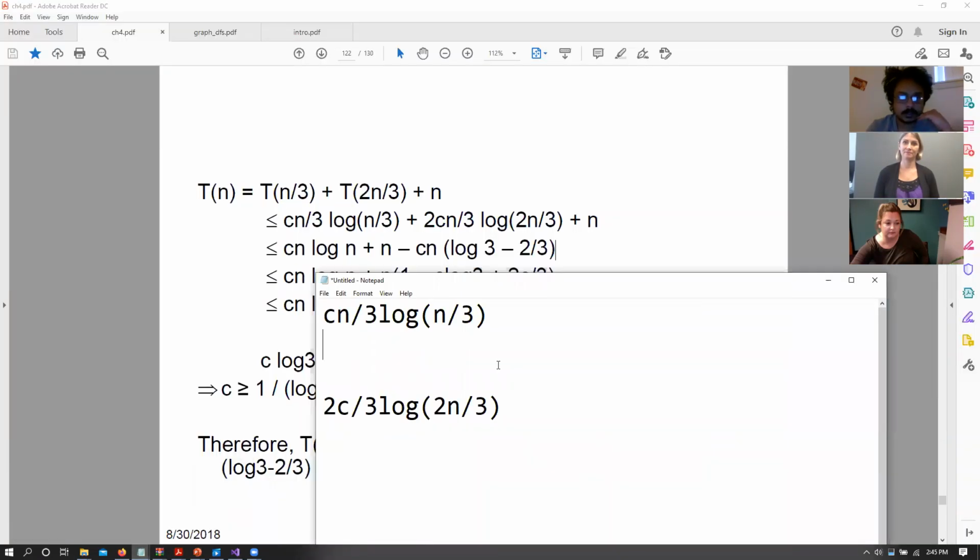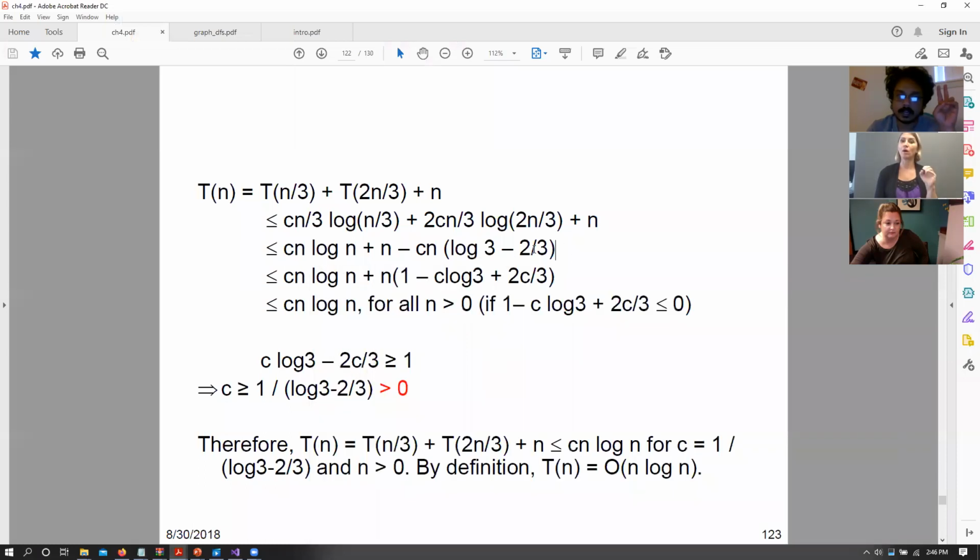All right. So do all of you understand how we get to this equation from this equation? If you understand, tell me how.